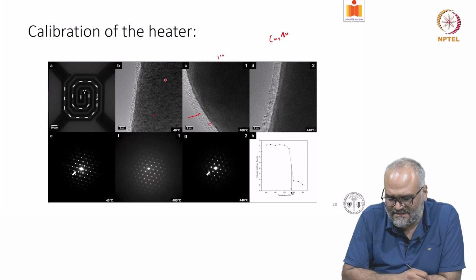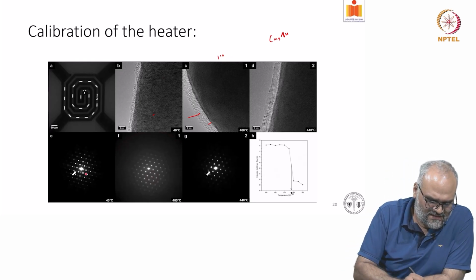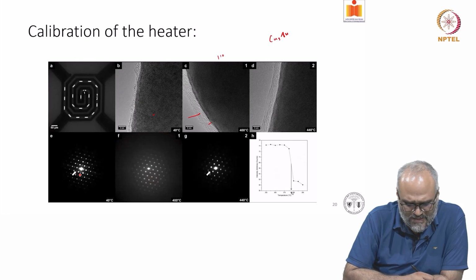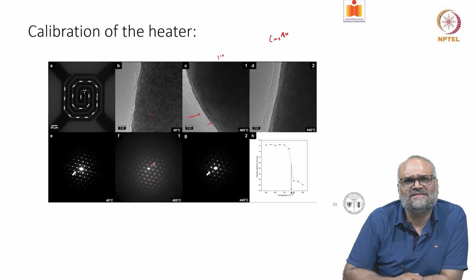And if I look at this in diffraction mode, the presence of these superlattice reflections indicates that this is an ordered structure at room temperature, and at around 400 degrees centigrade, the superlattice reflections start disappearing and they're completely gone.